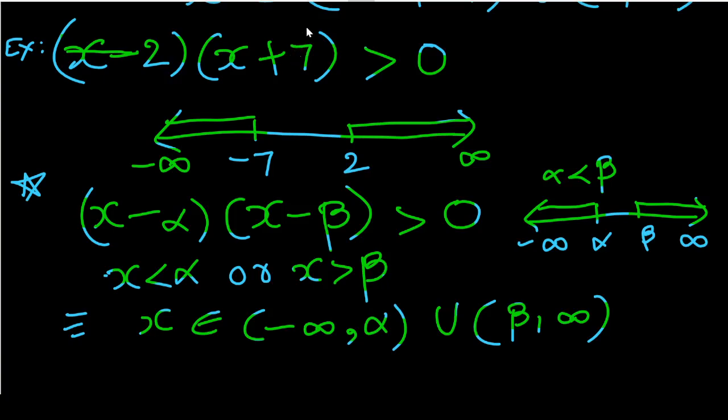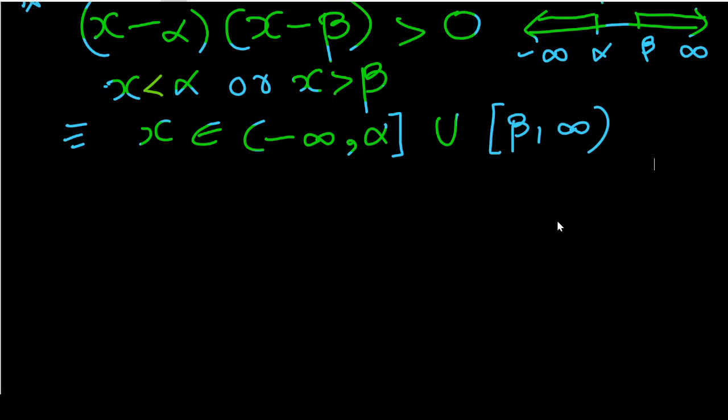Okay, and in case when there is equality here, so in the answer this less than also will be replaced by less than equal to, and greater than would be replaced by greater than equal to beta.